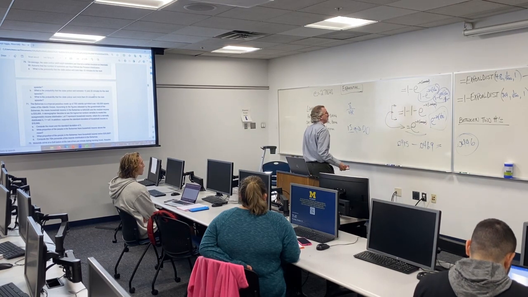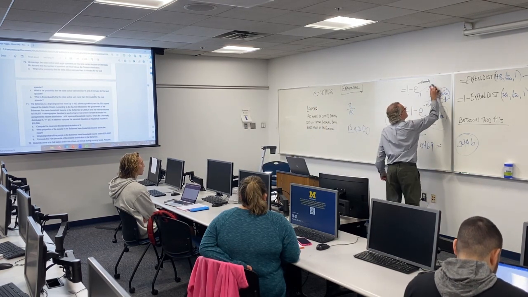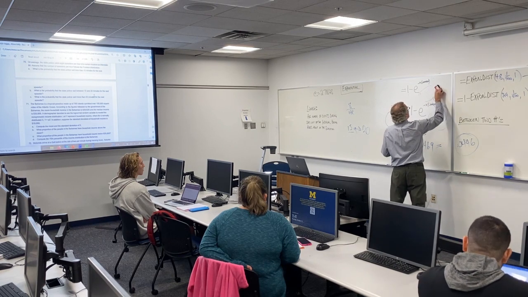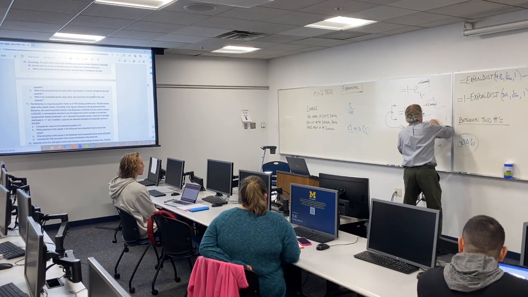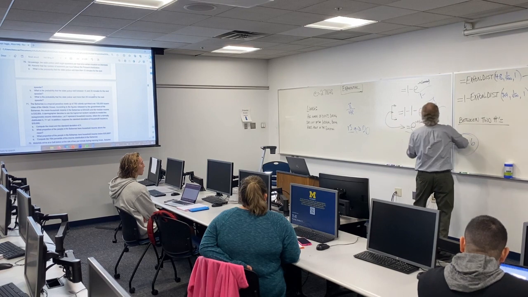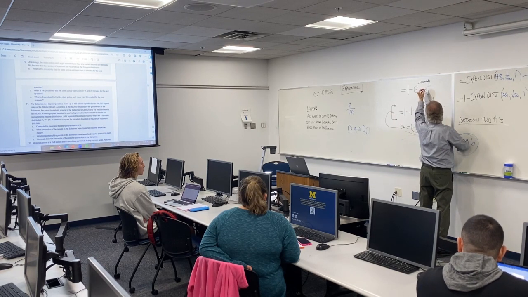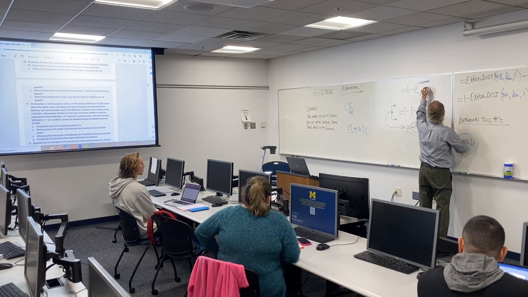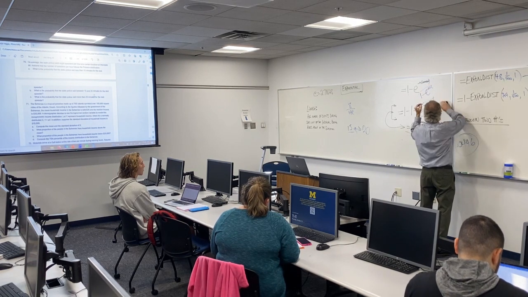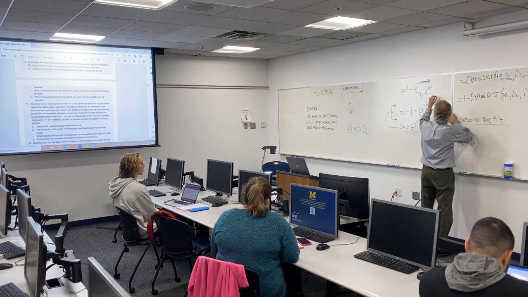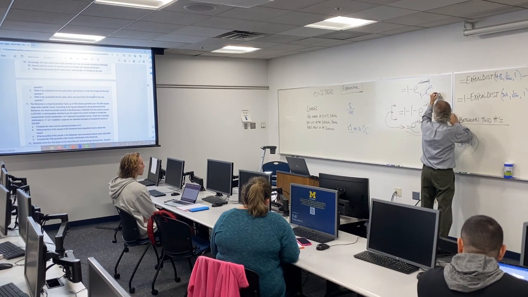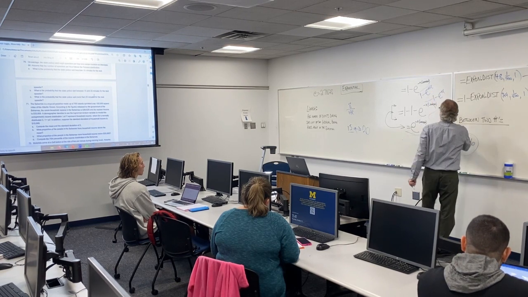Wait, hang on, let's go back here. We haven't figured out lambda. So I have 1 minus e to the power of negative 20 times lambda, and then we also have 1 minus e to the power of negative 15 times lambda.